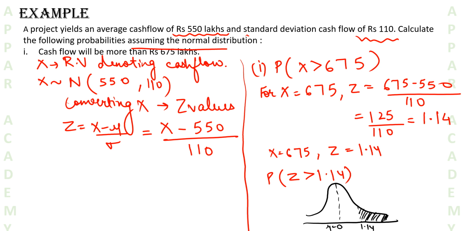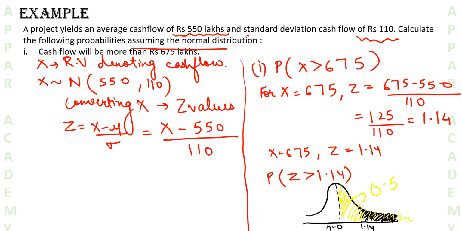We need to find this black part. How will we find it? One thing we know very clearly is this entire yellow part. What is this yellow part? This is 0.5, because the area under the standard normal curve to the right of mean 0 is always half, right?